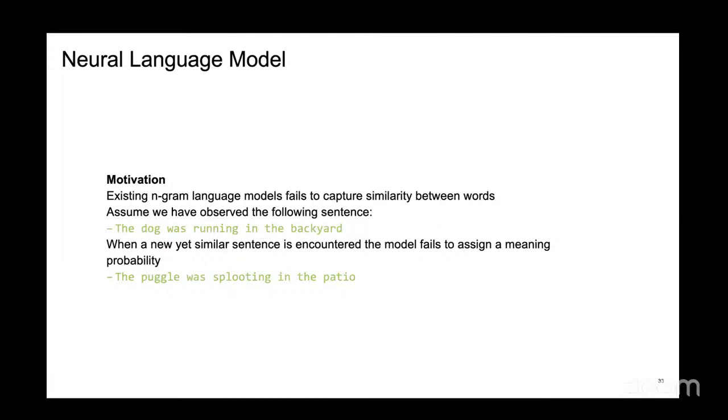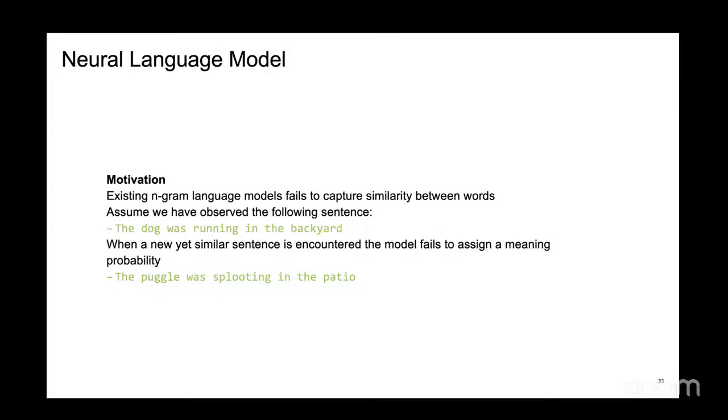The new sentence is quite similar to the old sentence, but if I'm just using the counts, I have no way to find out that these two sentences are similar, because the probability of the first sentence will be way, way higher, because that's how we typically write in English. The likelihood of you encountering the second sentence in reality is quite low, so the probability of that sentence is going to be very small.